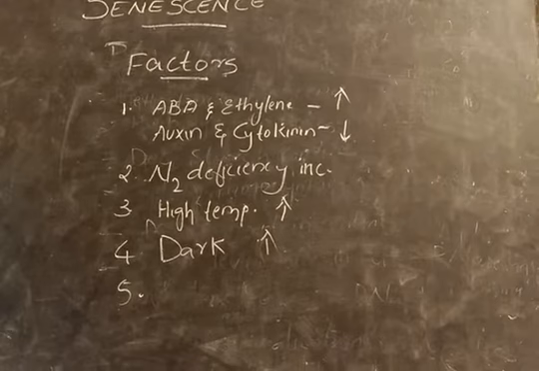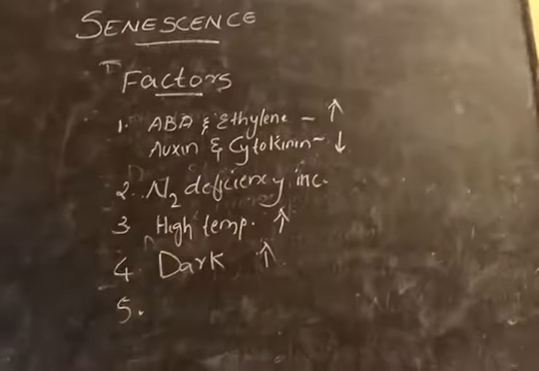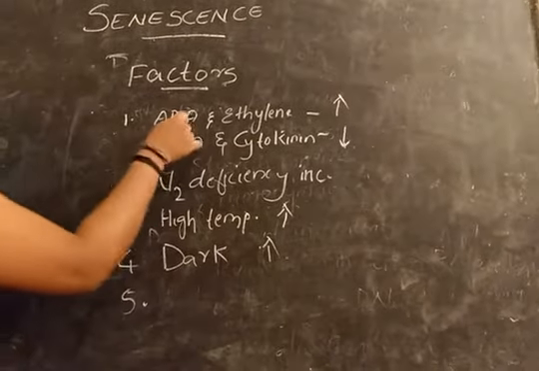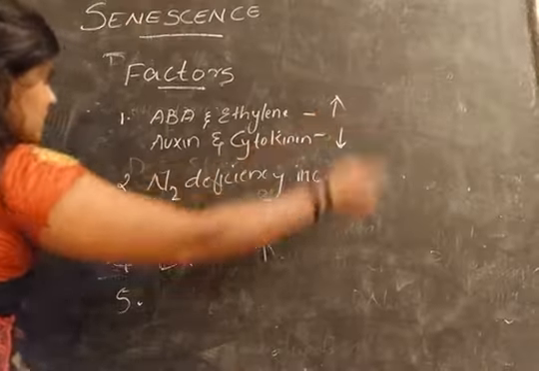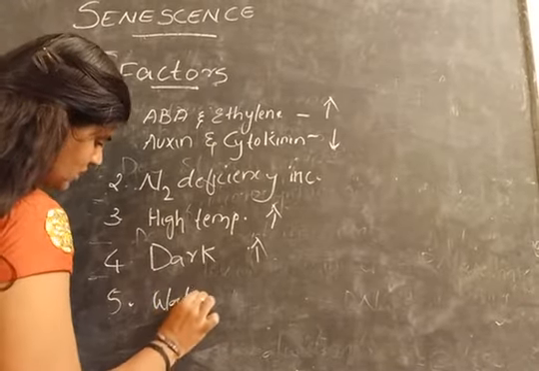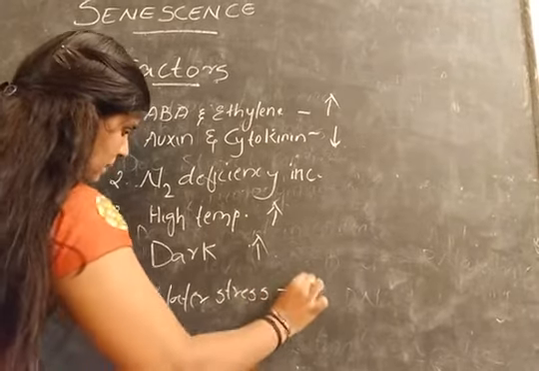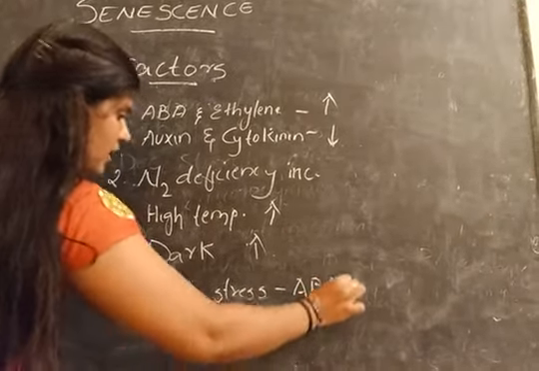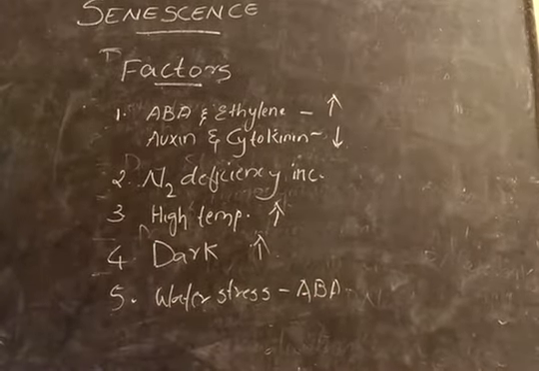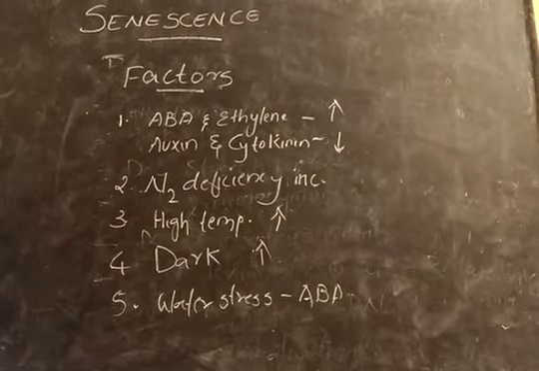Then water stress leads to the accumulation of ABA, which results in senescence. We already discussed that ABA results in increased senescence. So these are about the factors of senescence.